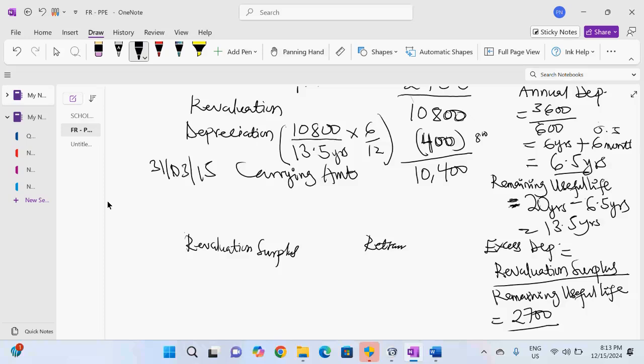Excess depreciation will be transferred to the retained earnings, from the revaluation surplus. So we deduct it from the revaluation surplus and add it to the retained earnings in the statement. I believe you know how to prepare the statement of changes in equity. Then you have the retained earnings and the revaluation surplus.